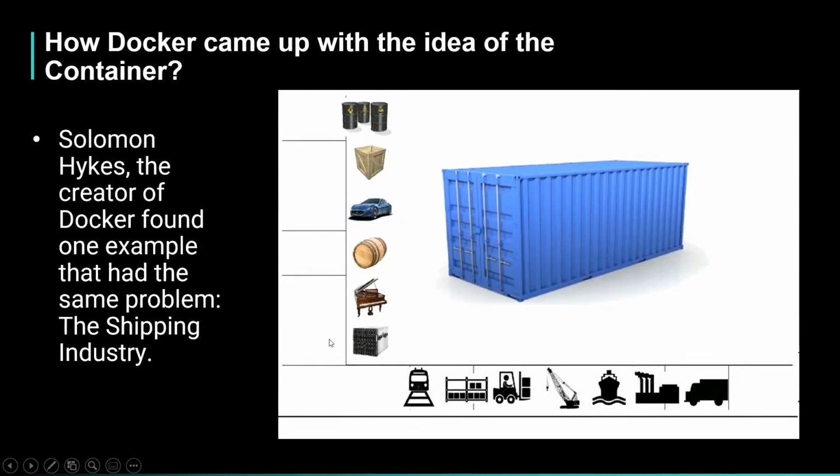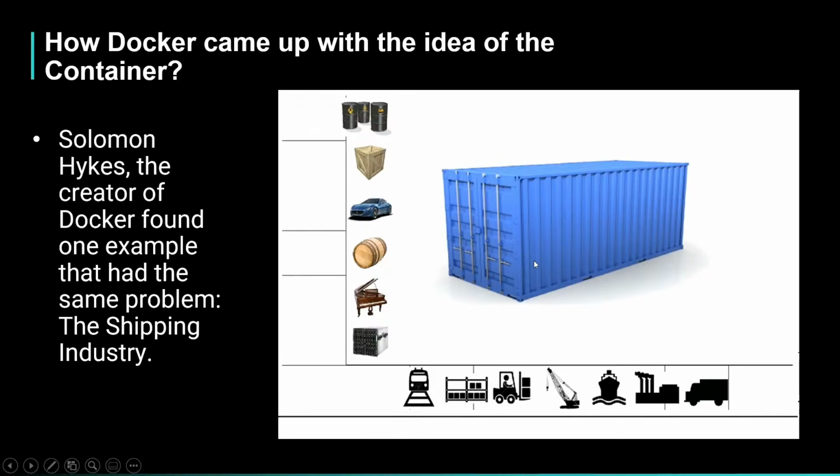So how did Docker come up with the idea of a container? Solomon Hykes, creator of Docker, found one example that had the same problem. The shipping industry in the 1950s had the same problem. They needed to ship products all around the world, and they didn't have a standardized way to ship those products.